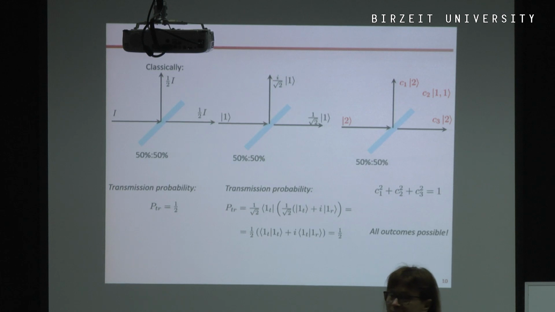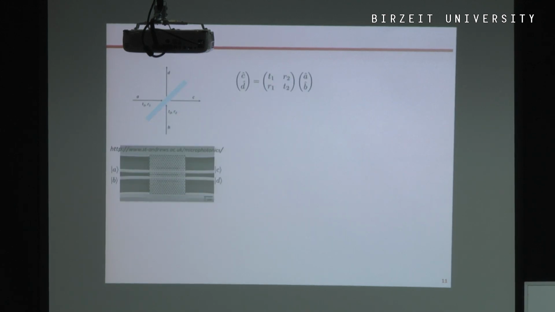Oh, okay. Well, I'm not giving you this answer because you will be calculating it. This is your problem. So maybe I will ask you tomorrow. Right. But in order for you to be able to do it, I will actually tell you how to do it. First of all, here is our model of a beam splitter.